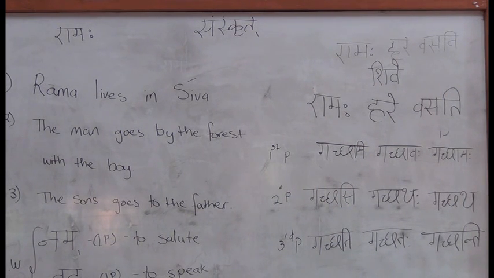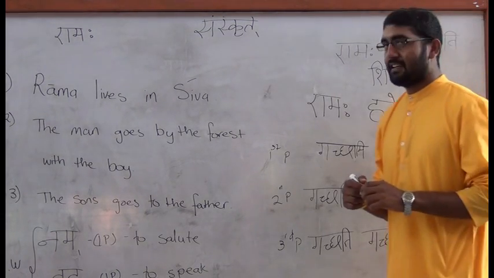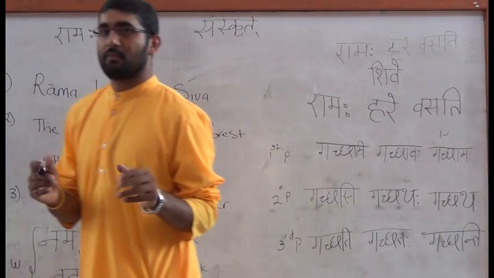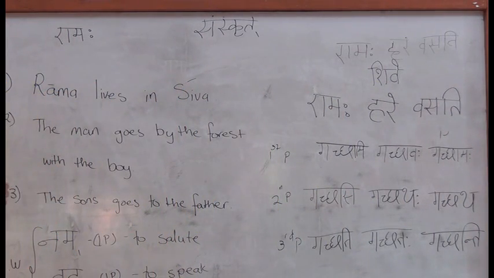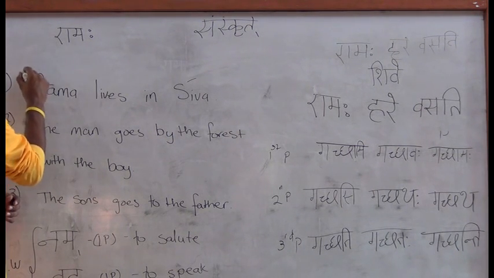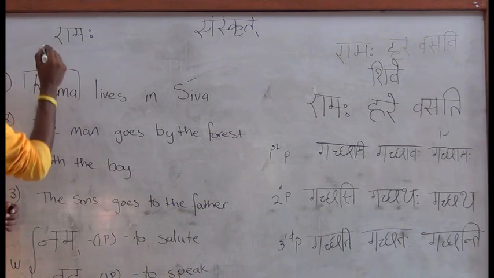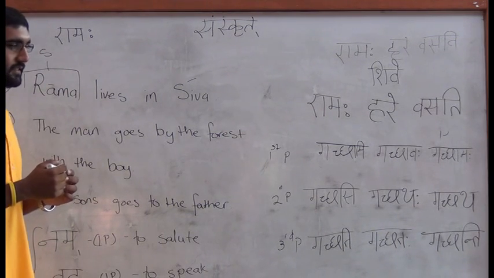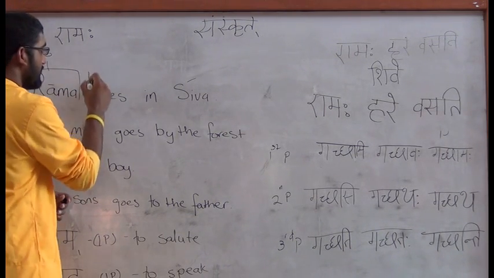Everybody have that? Very good. Let us go through the sentence. Everybody stop what you are doing. Stop, look on the board. Who is the subject of the sentence? Ram. What is he doing? He lives.